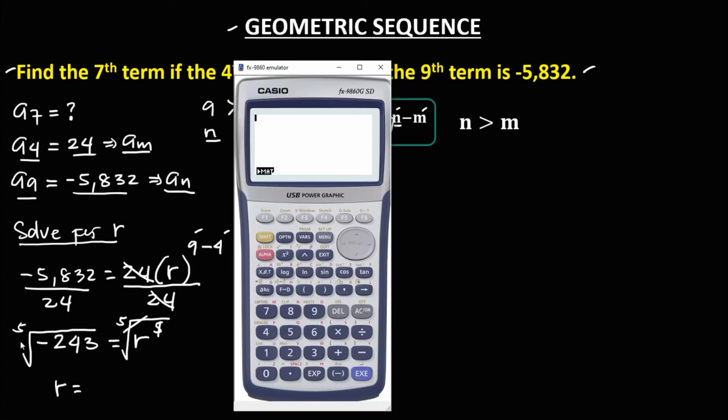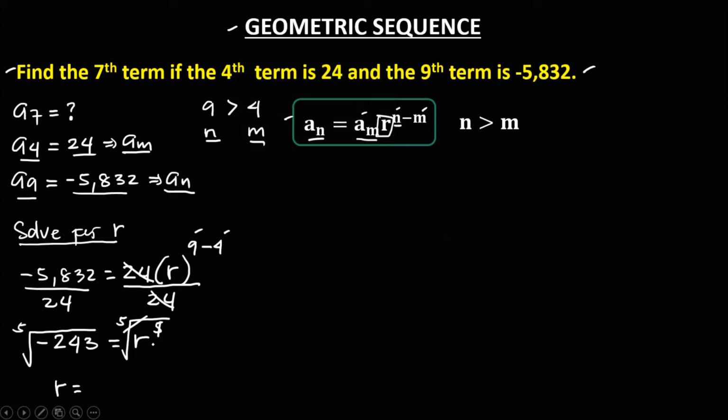Using the calculator, we press 5, shift, x root, negative 243, then equals. So r is equal to negative 3. So the common ratio is negative 3.